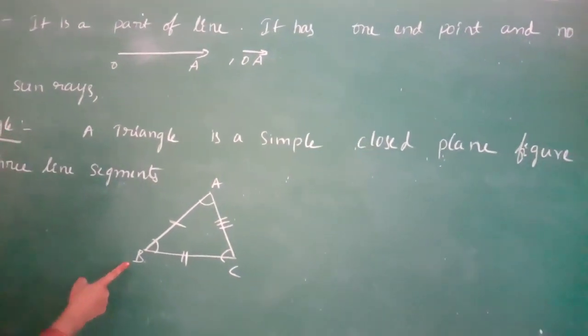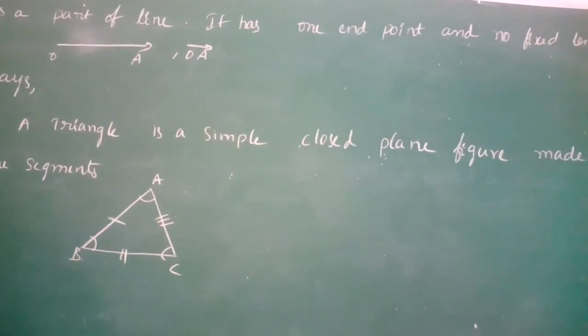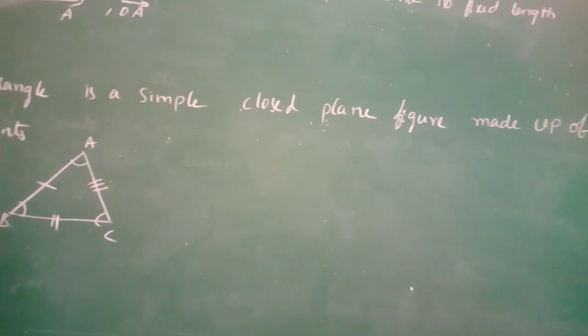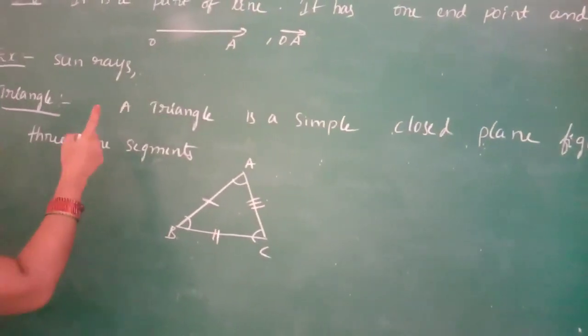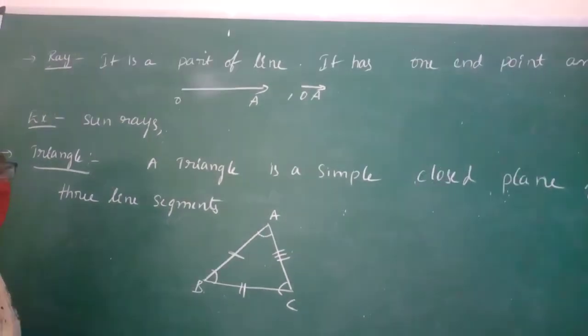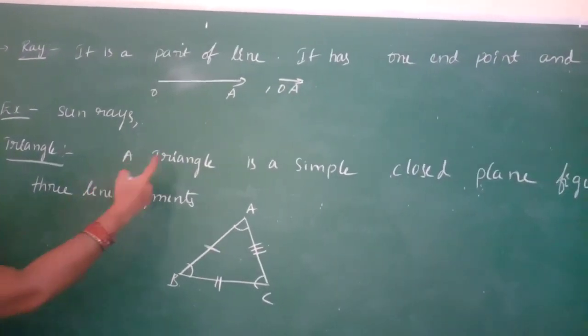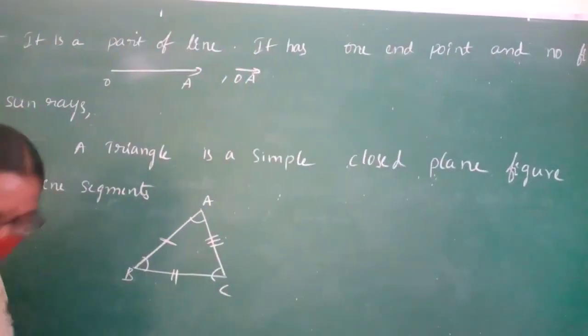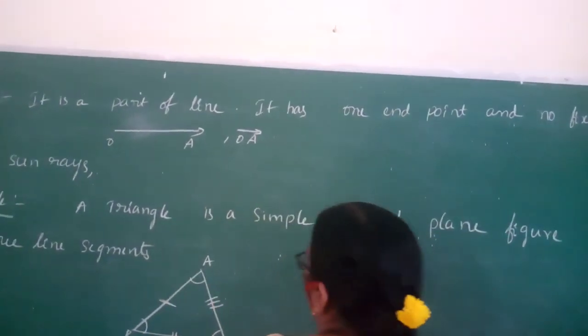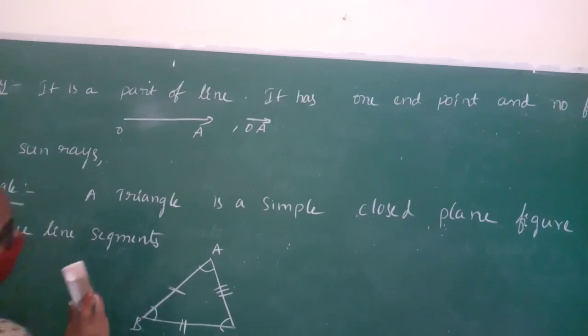What are the major parts of the triangle? 6. What is that? 3 sides and 3 angles. So that's why this closed figure is called a triangle. Triangle is a simple closed plane figure made up of 3 line segments.